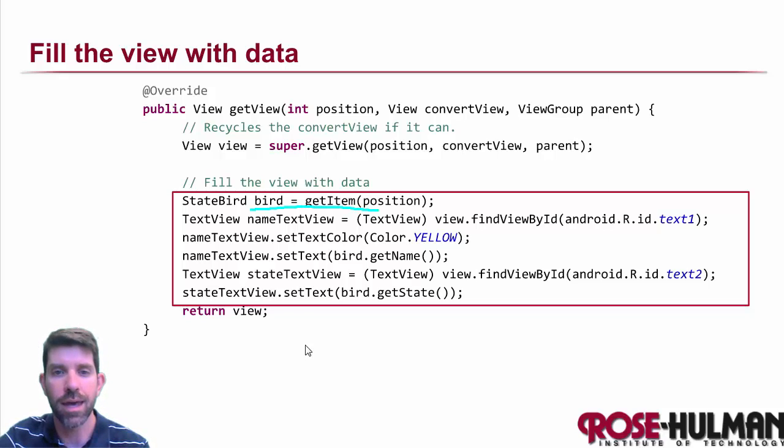We go ahead and extract out the actual model object from our array list, and then we needed to capture the text views where we wanted to stick stuff. Again, using the little trick that it's not this.findViewById, it's the view where we want to find it, and then we set the appropriate properties, right? So pretty straightforward.